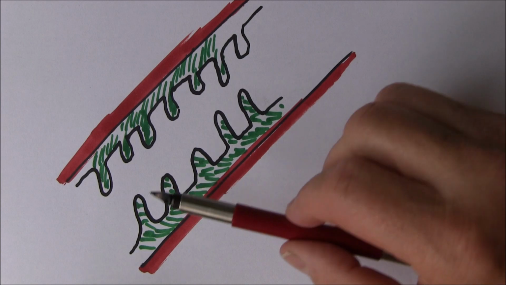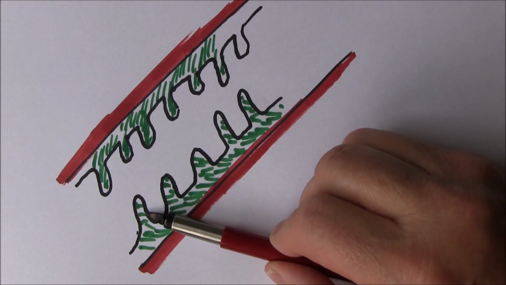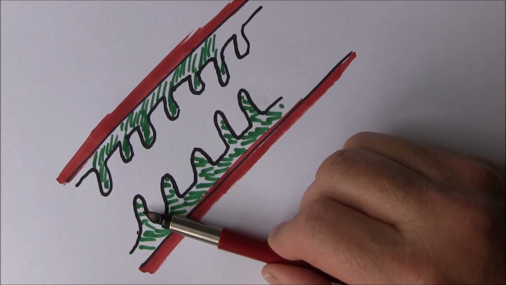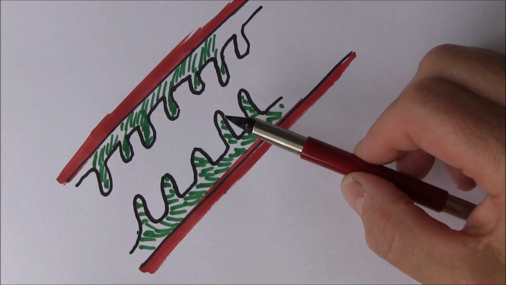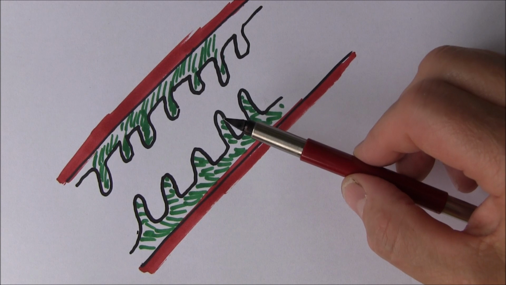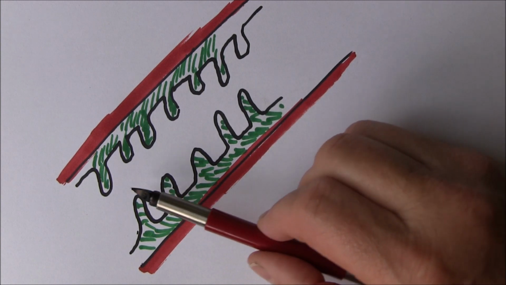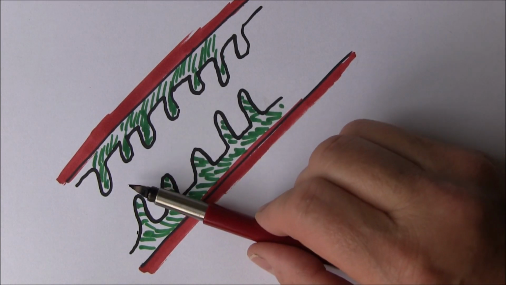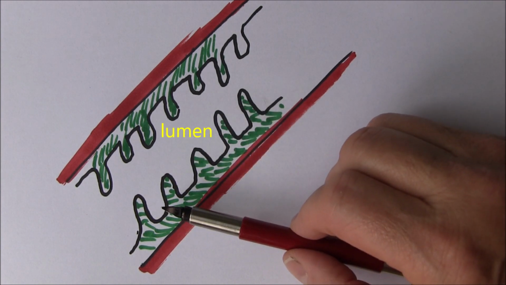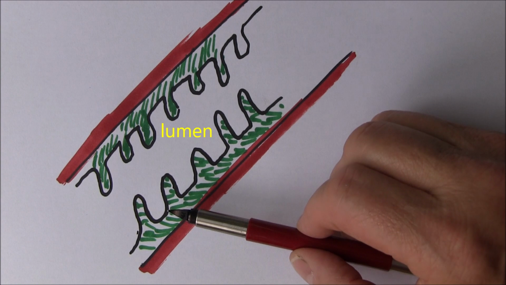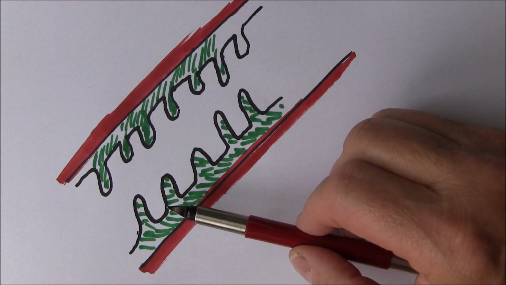So what we've drawn here are the circular folds. These are circular folds. So that's one circular fold, that's another circular fold there. So large circular folds of mucosa project into the lumen of the small intestine. This is the lumen in the middle here, the gap down the middle. Now, these are not present in the first part of the duodenum, and they disappear in the distal ileum.